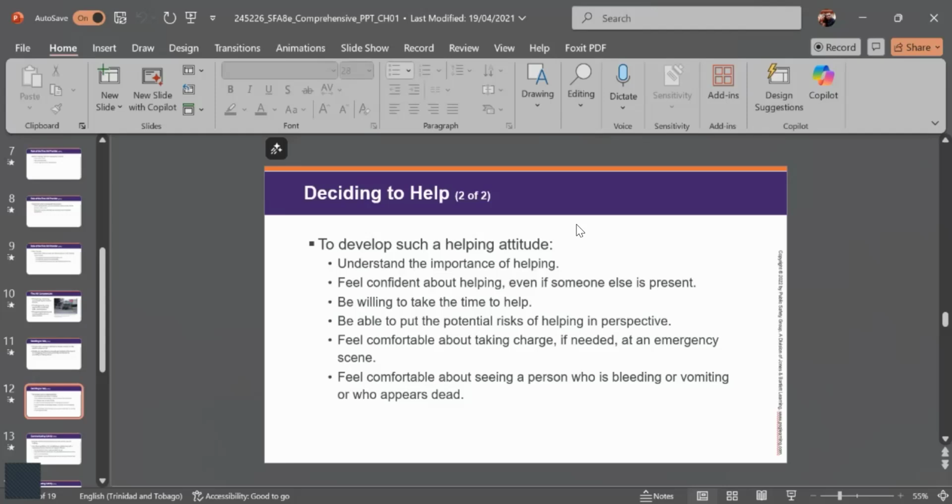Okay? Feel comfortable about seeing a person who is bleeding or vomiting or who appears dead. If you know you cannot see a person in this condition, then by all means, call somebody or get somebody who could do it. Sometimes that's just how we are, no particular reason.